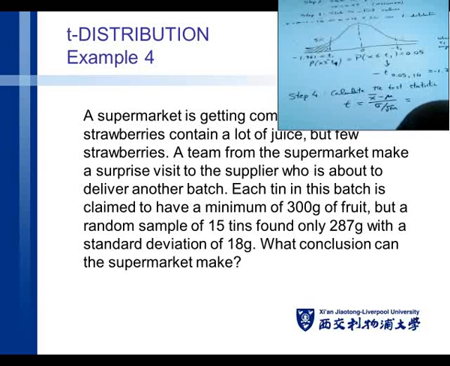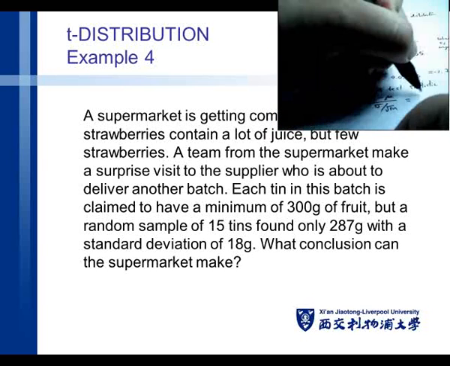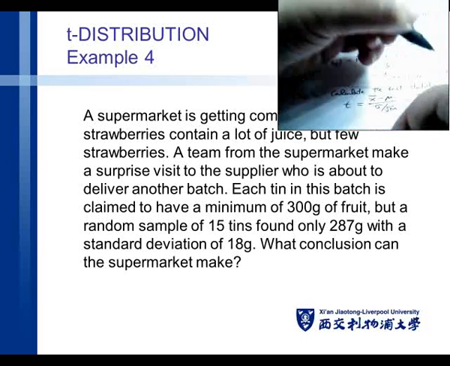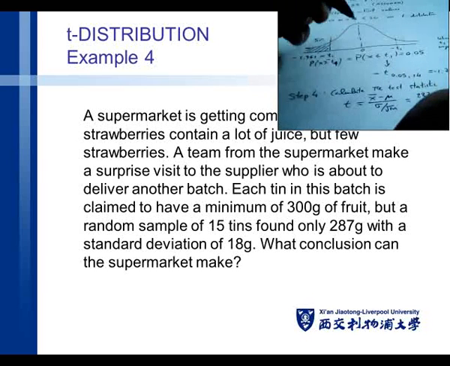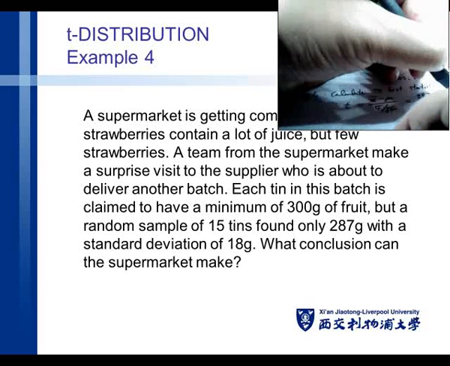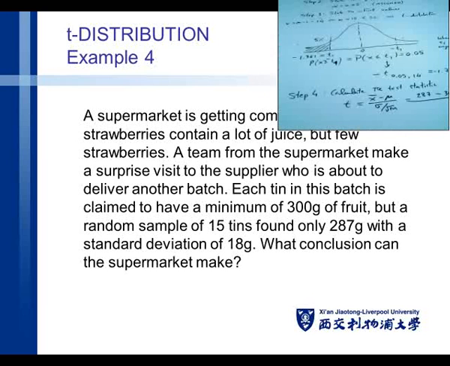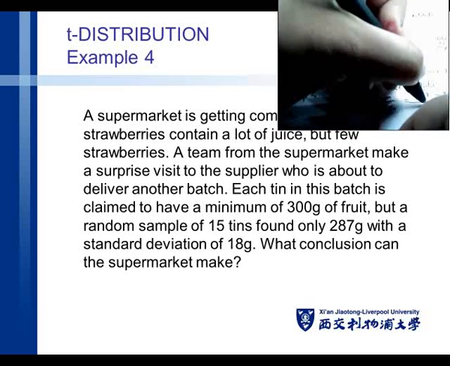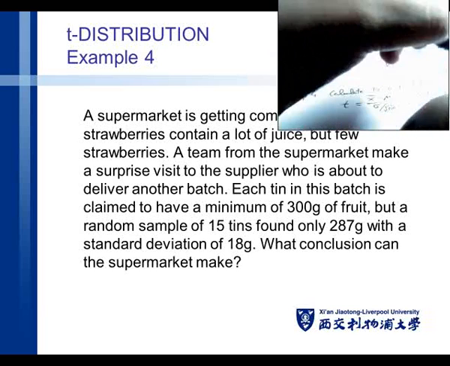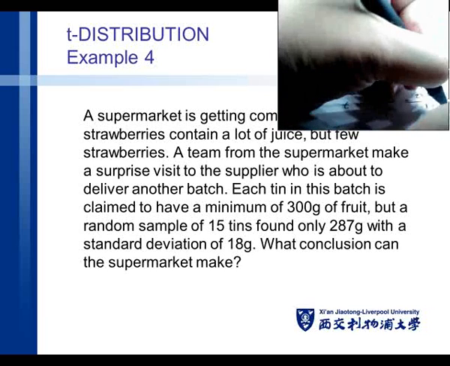And this is basically 287, that's what you found in the sample average. Your null hypothesis, what you care about, is greater or equal to 300. Your standard error is 18, and your sample size is square root of 15.